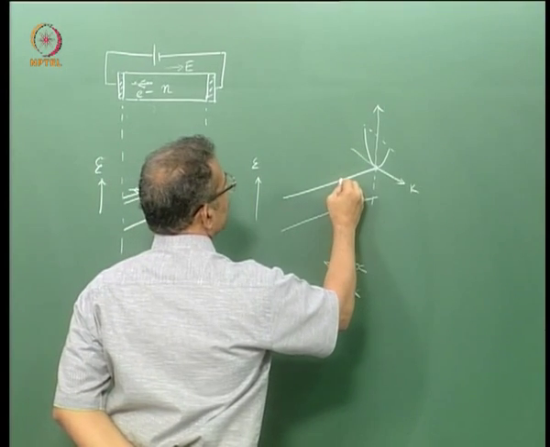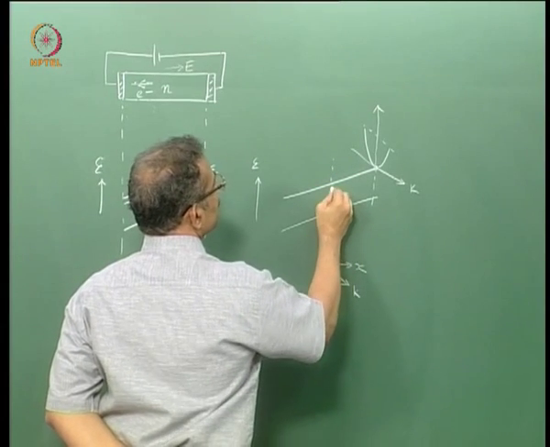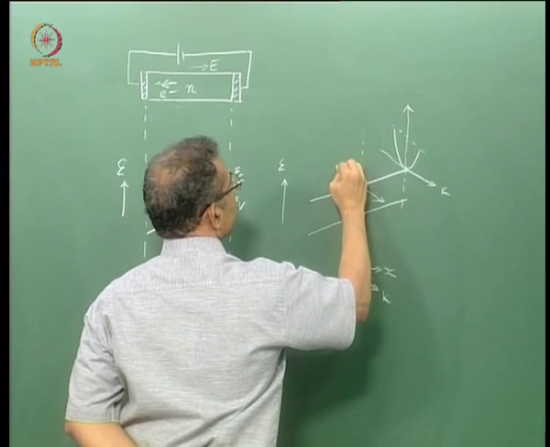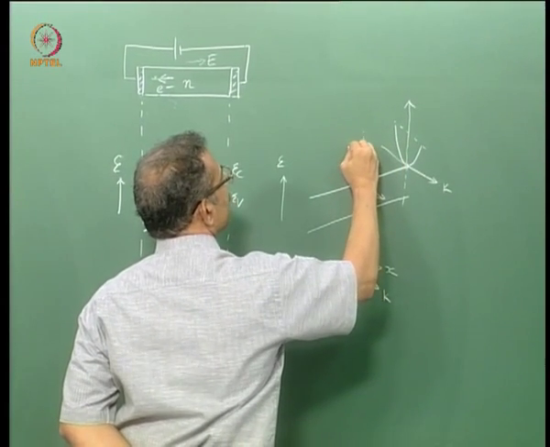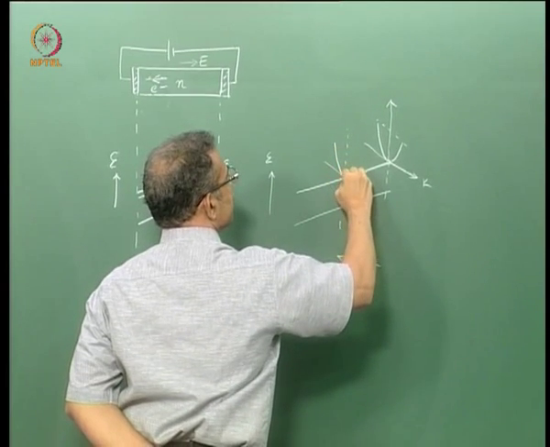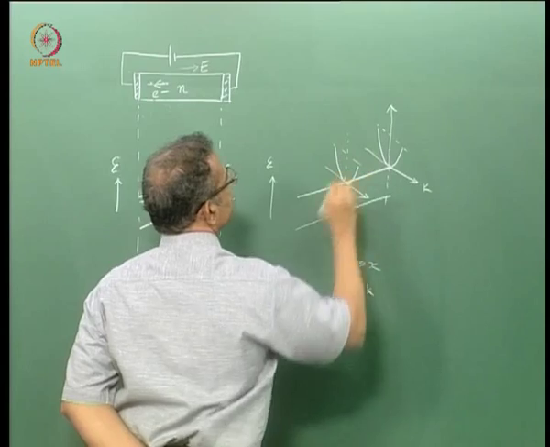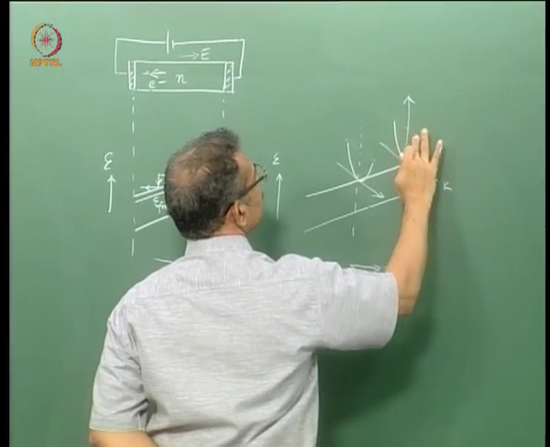Okay, now at another point if I want to draw EK, here it would be similar. So a similar EK diagram I should draw here. Okay, so this is the EK relation.